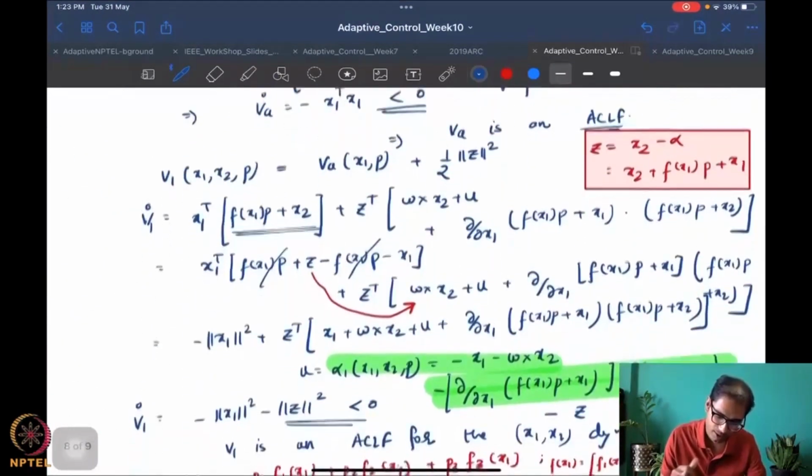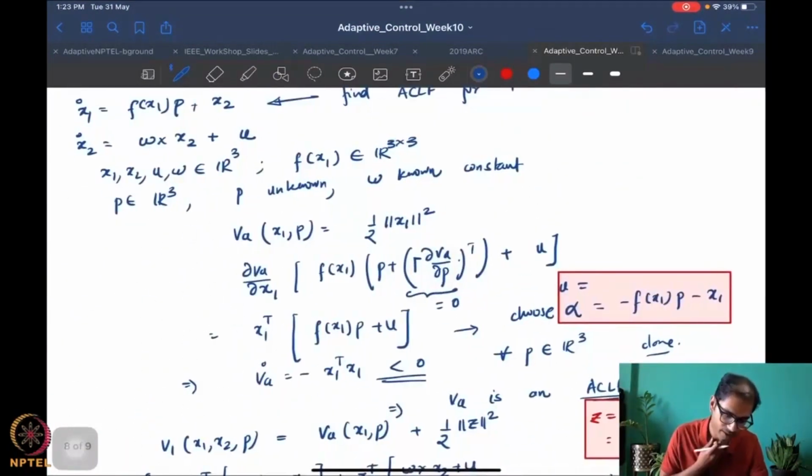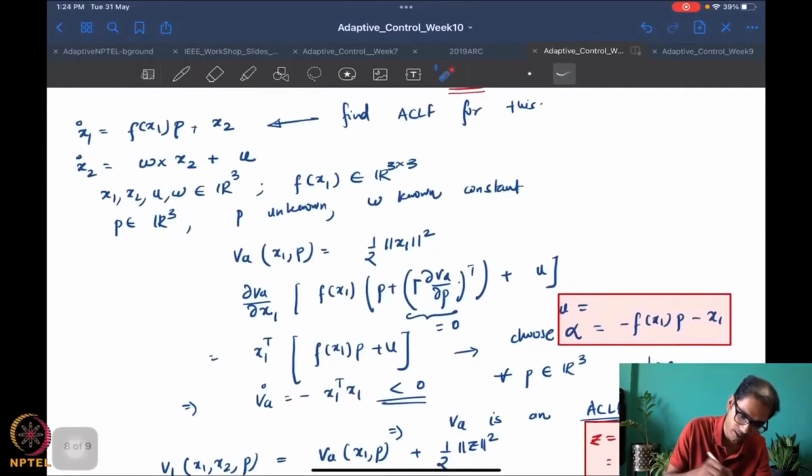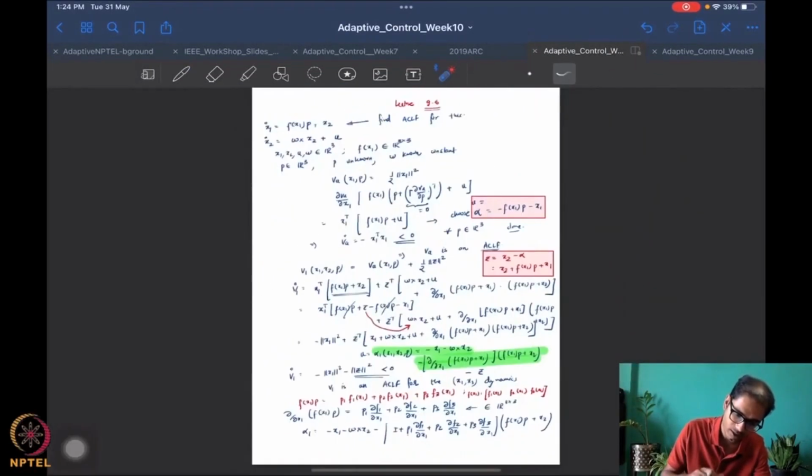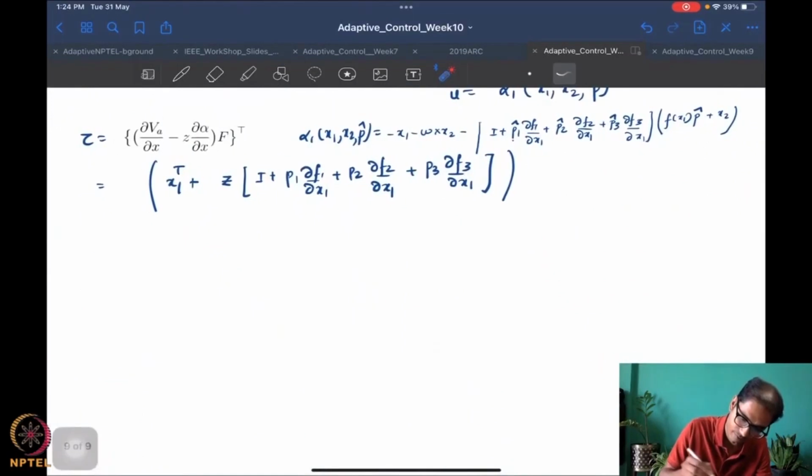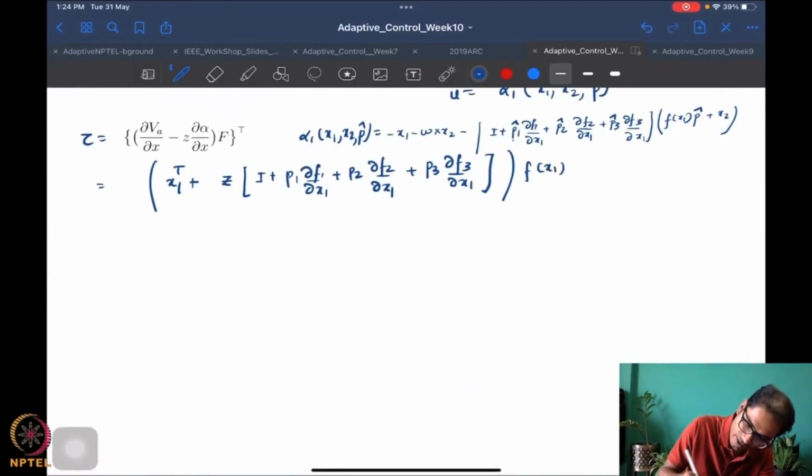In our case, what is f? F is what multiplies the unknown, so that is just f x1, multiplied by f x1 and the whole transpose of this guy.